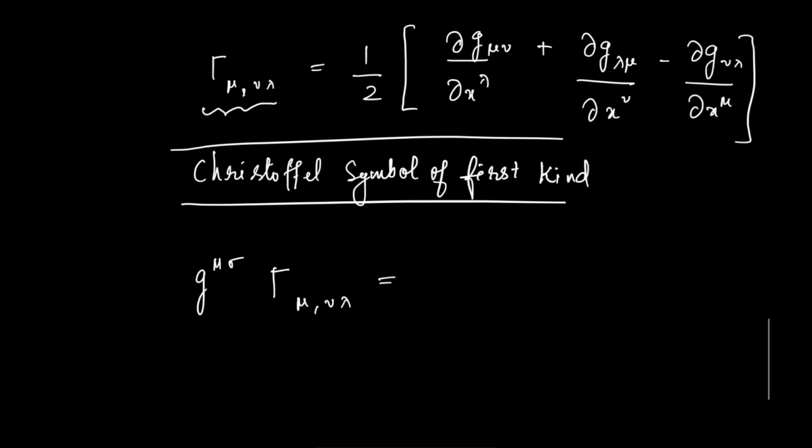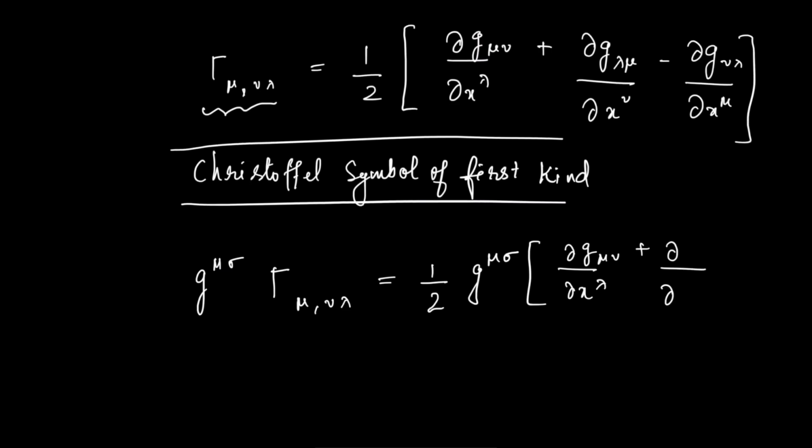So the right hand side also I have to multiply: half as it is, now multiplied with g mu sigma, then this bracket: partial derivative with respect to x lambda of g mu nu plus partial derivative with respect to x nu of g lambda mu minus partial derivative with respect to x mu of g mu lambda.